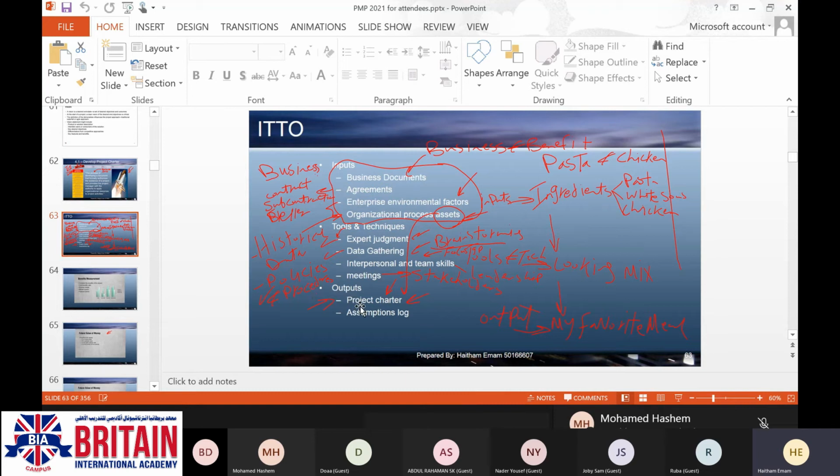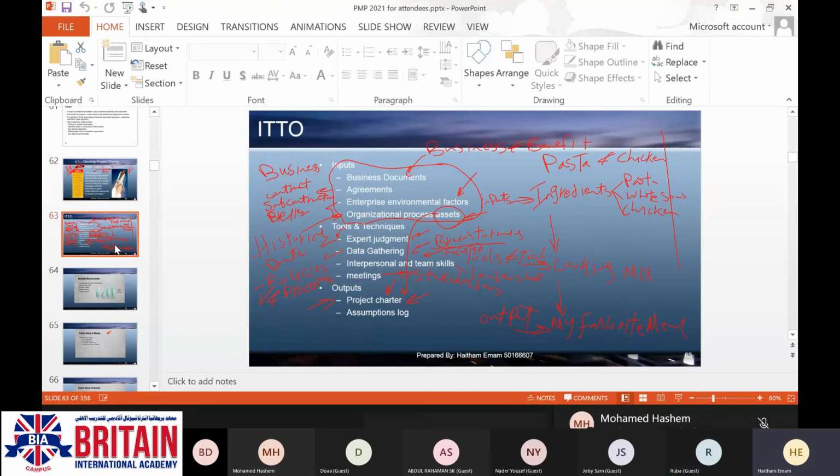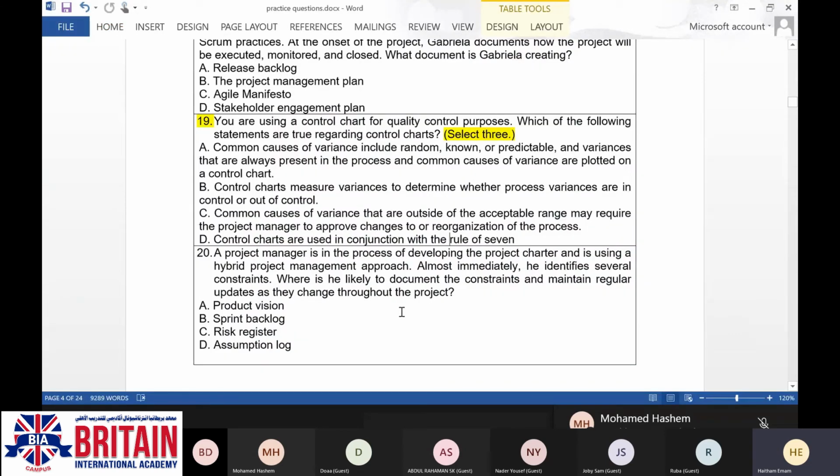You can see that slide. Yes. Okay, this is the process of develop project charter. All the assumptions and constraints which will be recorded in your project will be updated in the assumptions log. It will be recorded and updated in the assumptions log. Ruba, is it clear for you right now? Yes. All the assumptions and constraints which are related to your project will be mentioned in the assumptions log.